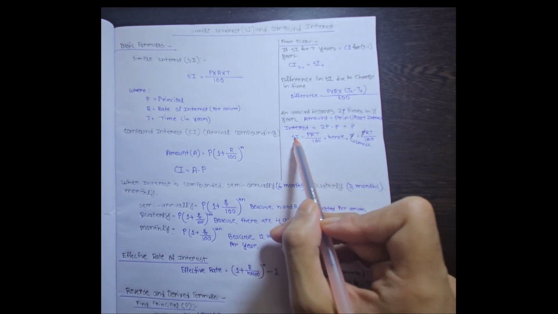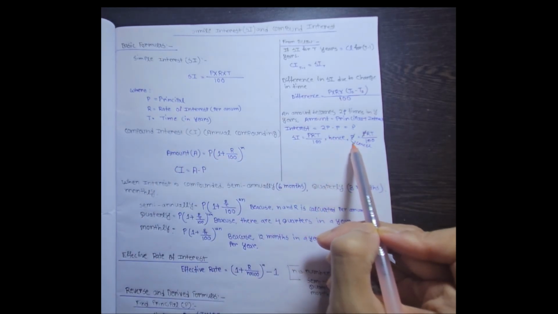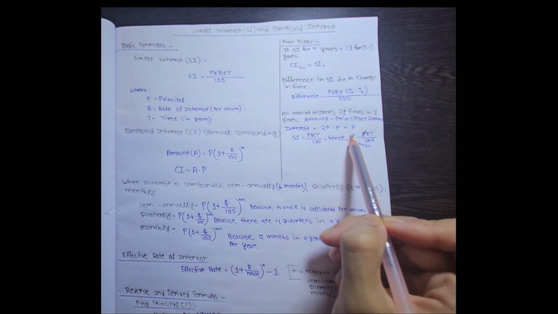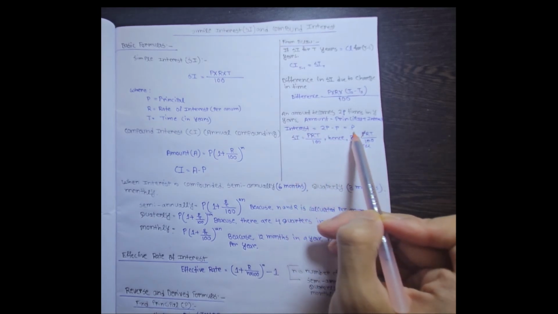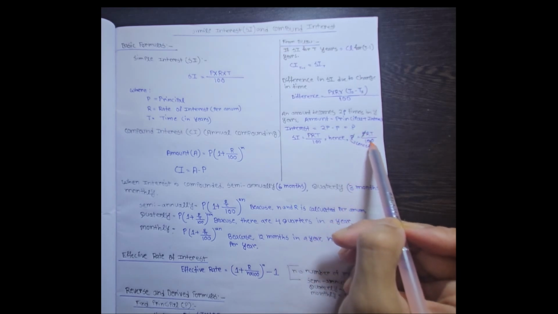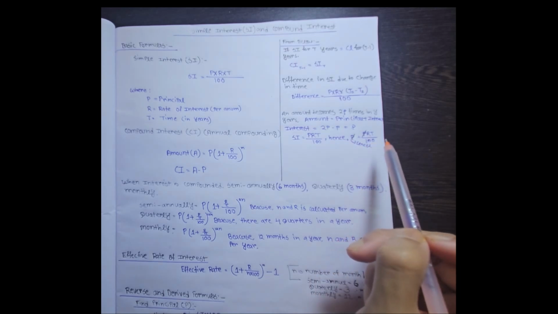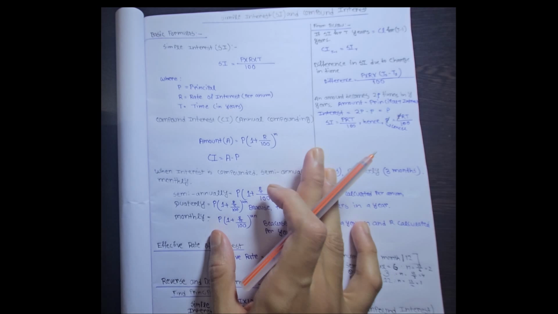This is the basic formula for simple interest, and we write p equals PRT by 100, where we write the simple interest as p. But as we said, interest equals p, so p will be cancelled, and we will get RT by 100. So we can use this formula to get what is asked in the question. When we solve the problems, it will become more and more clear.